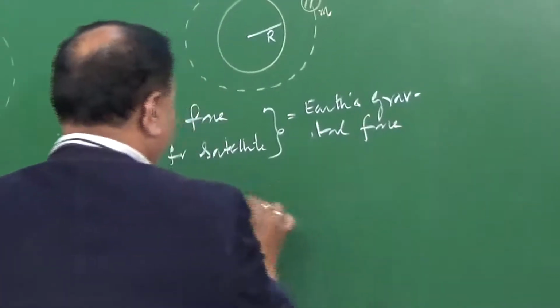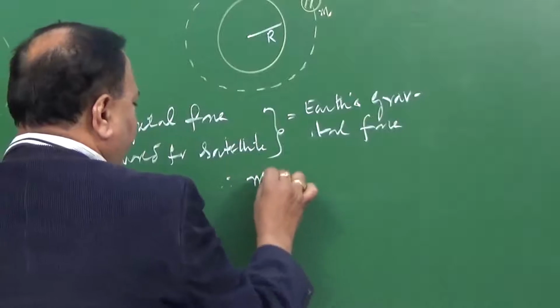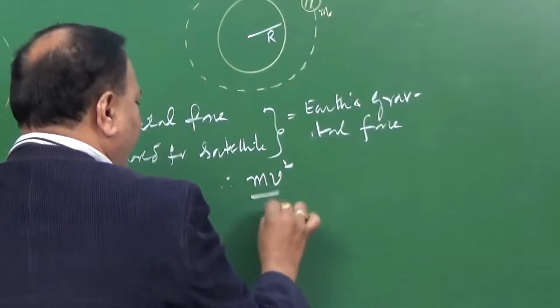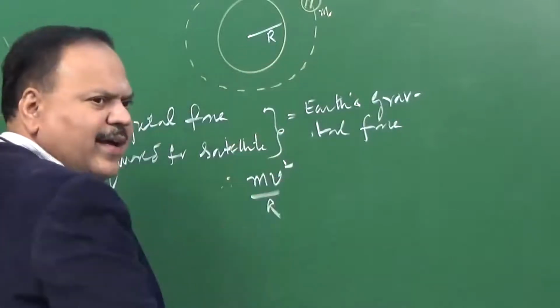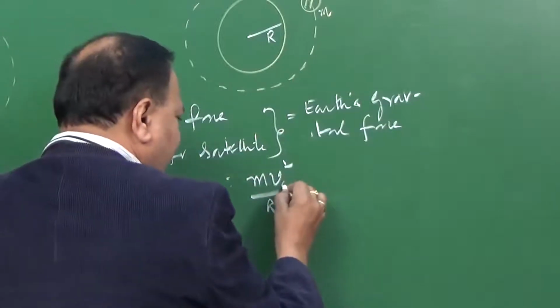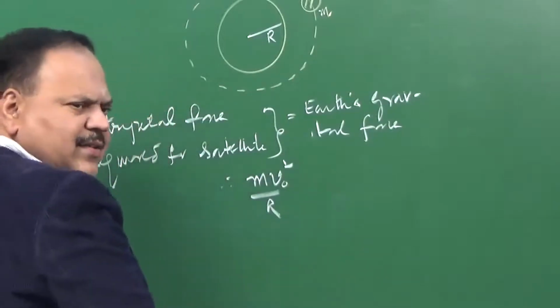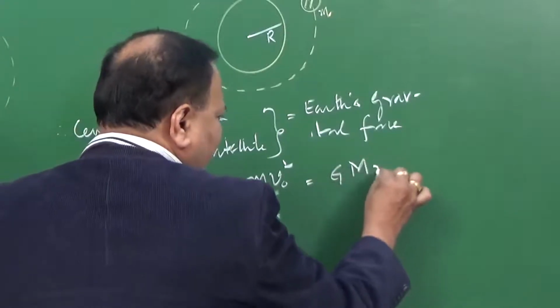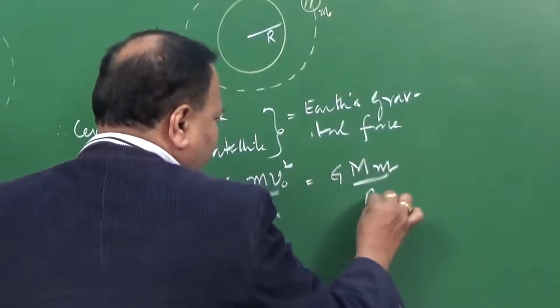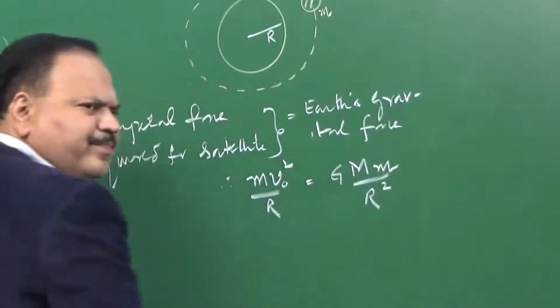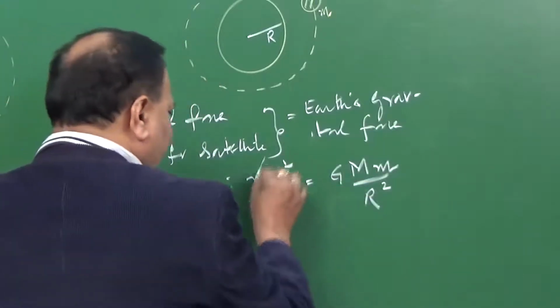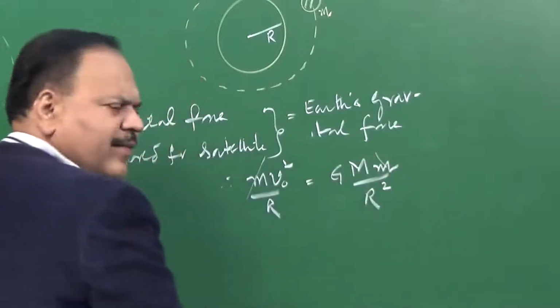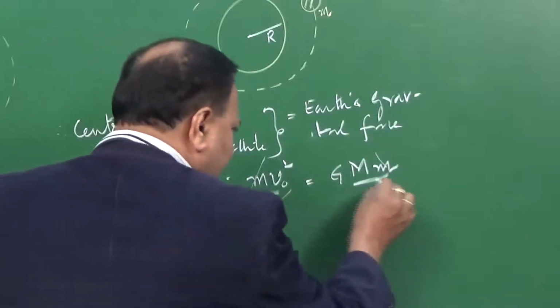Very important. What is the formula for the centripetal force? m v squared by r. What is the r? Radius. Since it's a different velocity, make it v0. And that's equal to the gravitational force. What is the formula for the gravitational force? G M m divided by r square. So you cancel off the m on either side, cancel off one of the r.